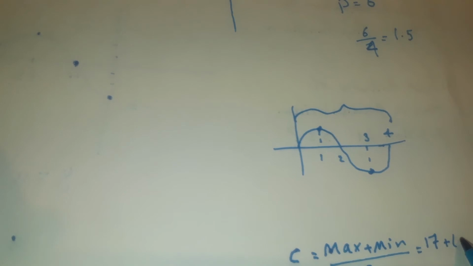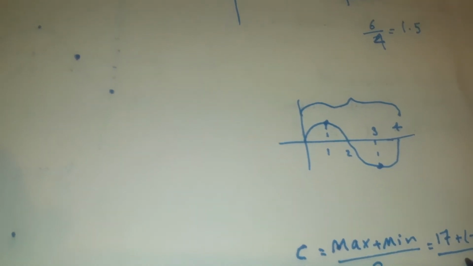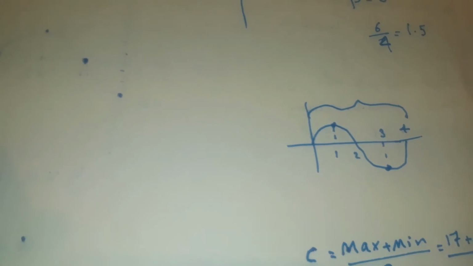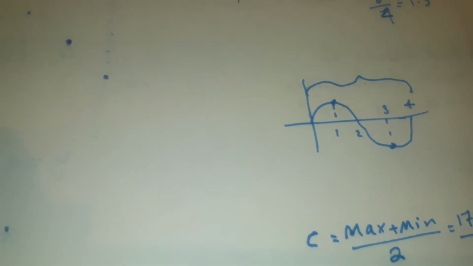The axis of symmetry, everyone knows, is going to be the midpoint, maximum plus minimum divided by 2. My maximum is 17, my minimum is negative 23, divided by 2. So it's going to be what? Just doing a little calculation.